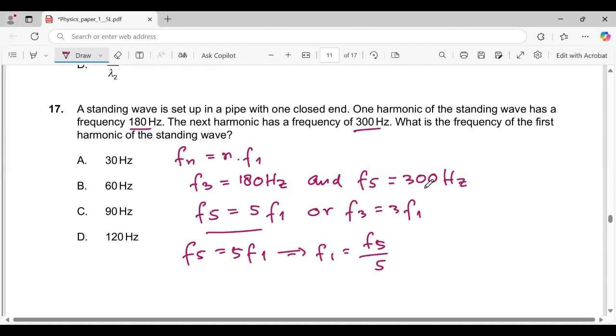If F5 is 300 Hz, then F1 equals 300 Hz divided by 5, and the result is 60 Hz. This one, B.